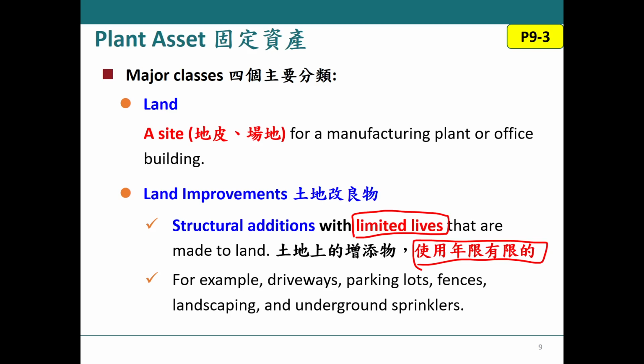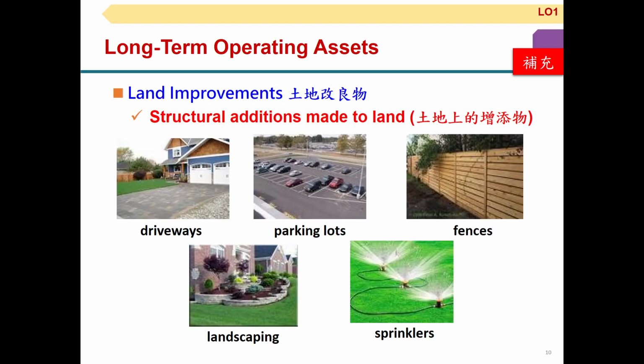It's a structural addition on your land. For example, driveways, parking lots, fences, 篱笆, landscaping, 景观, sprinklers, 洒水器. All of these are structural additions on the land. So that's our land improvement, 土地改良物. Okay? Any questions? No problem, right?